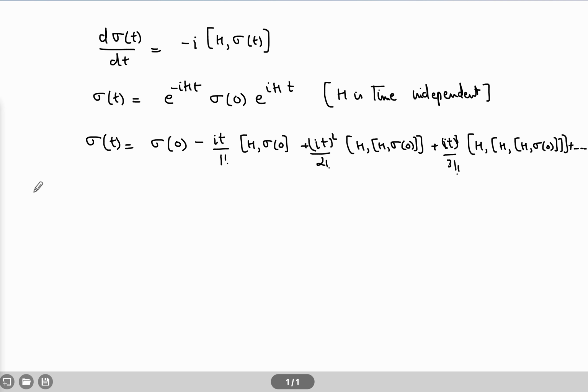Let us now see case 2, where the Hamiltonian is time dependent. How to solve this equation when the Hamiltonian is time dependent? So let us first see what we actually mean when we say the Hamiltonian is time dependent or time independent.